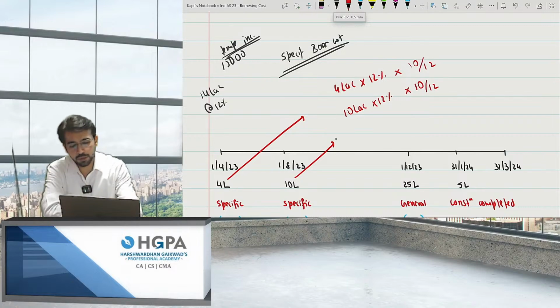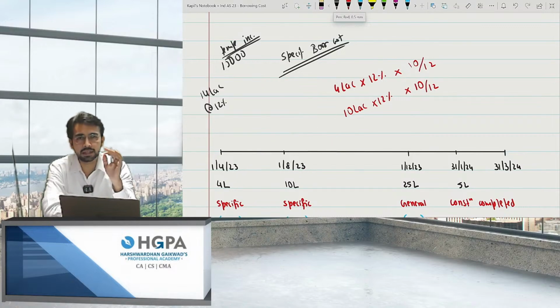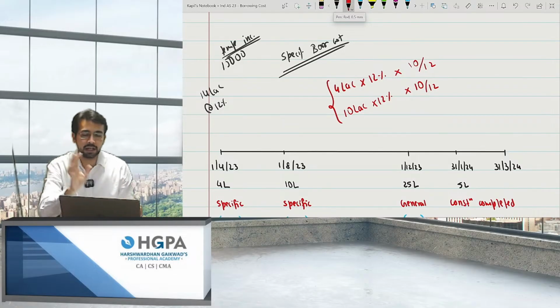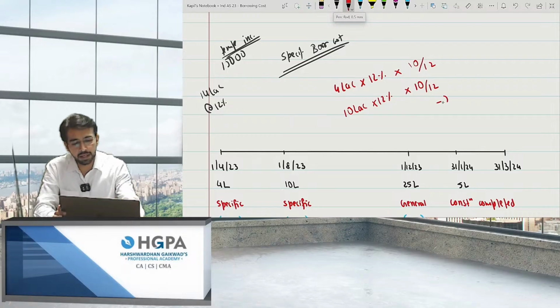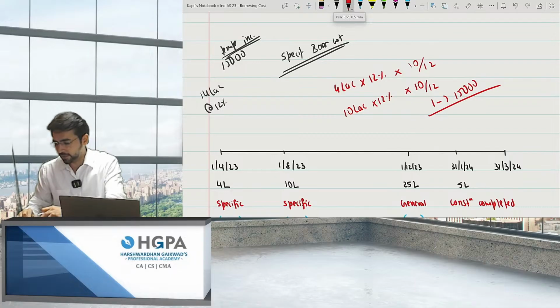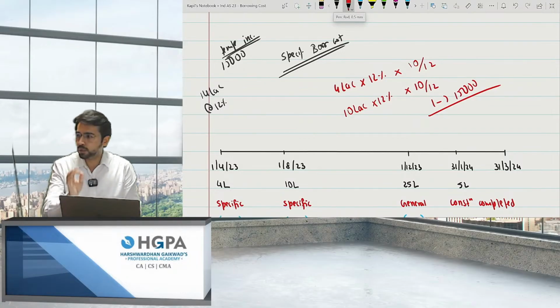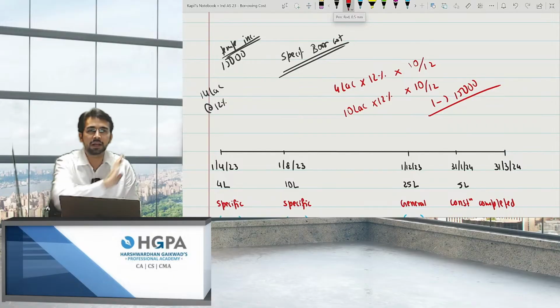Why 10 months? Because specific borrowing does not look at the date. Obviously, the entire amount will be 14 lakh, and 14 lakh will be at 12% for 10 months. This will be the answer, minus the temporary income of 15,000. This will be your total answer. So 14 lakh into 12% into 10 divided by 12, the answer comes to 140. The only problem is the students calculated it on a per year basis.